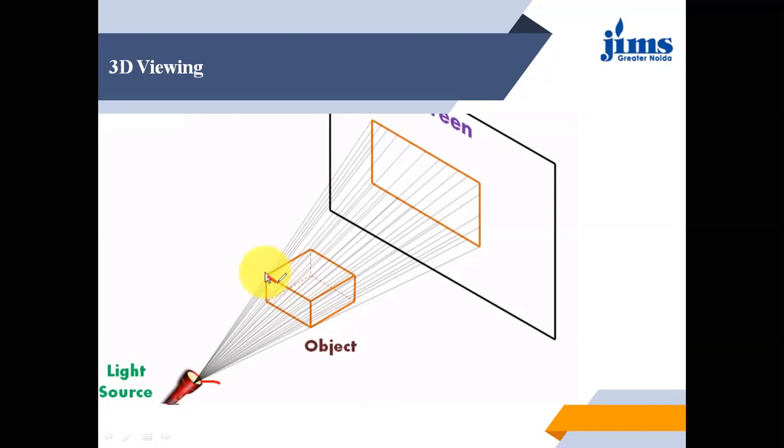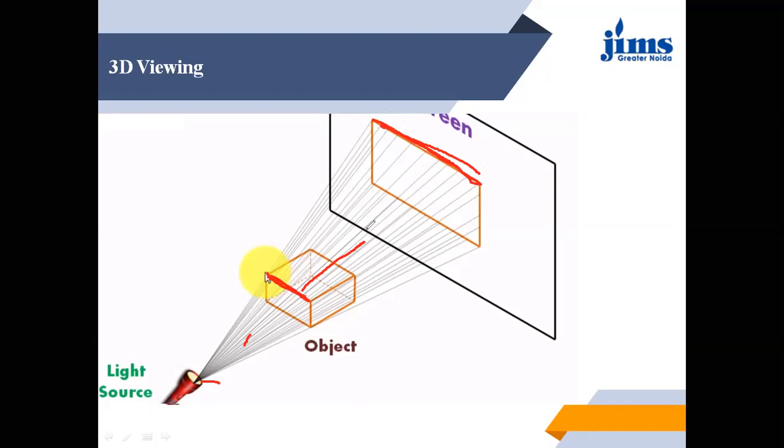Rays start from here, and after passing from here they will strike at these lines. So this is the projection of the upper edge.